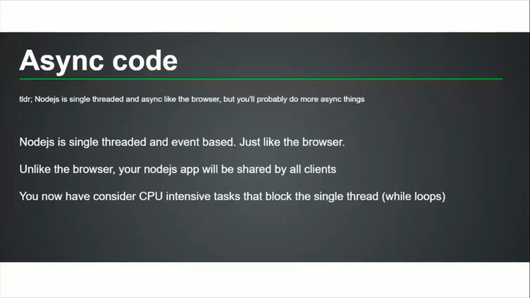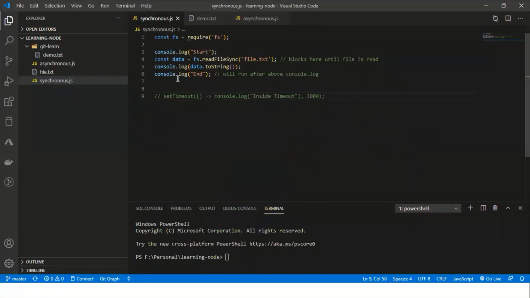Okay, so now we'll understand what is synchronous and asynchronous. I've created a sample code here to explain the difference. We have required a package named file system. This module is inbuilt in Node.js; you don't have to install it with the Node package manager.